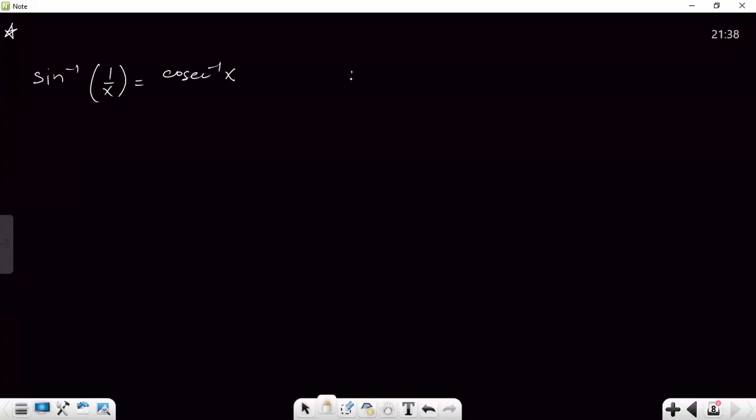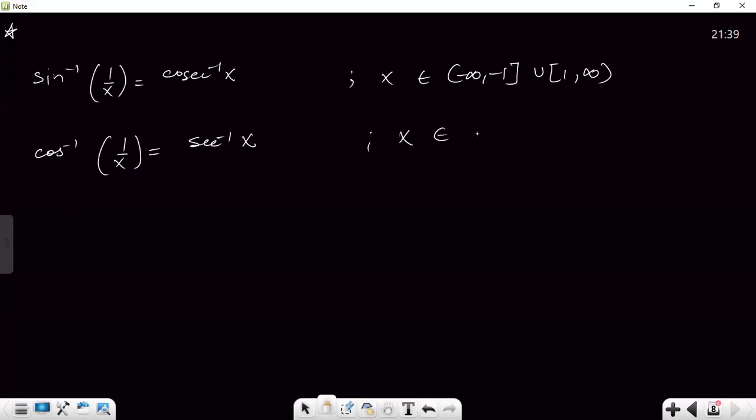And every time, whenever I write it, x is in the domain. Cosine inverse of 1 by x is equal to sec inverse of x, given that x is in its domain.